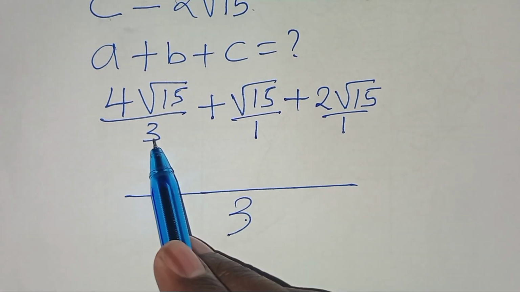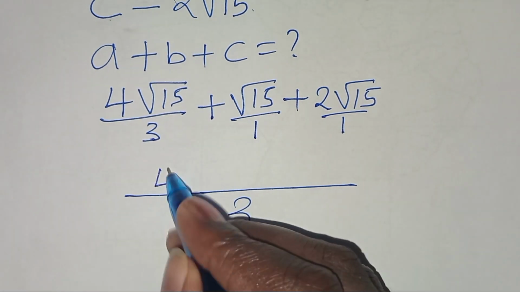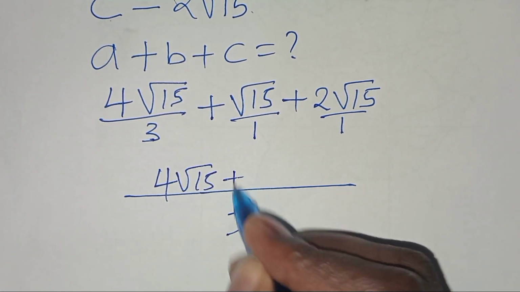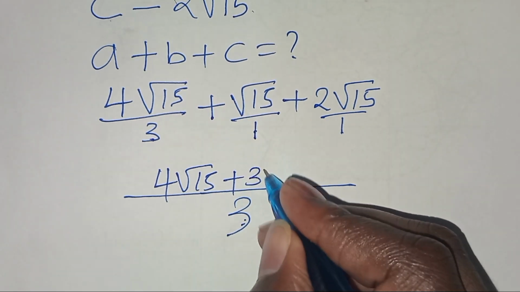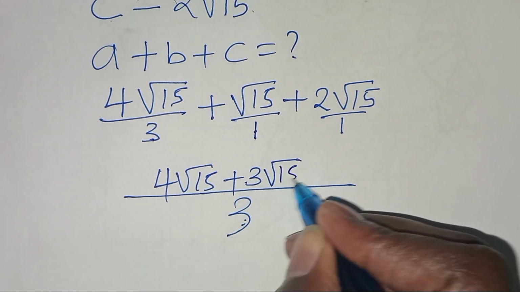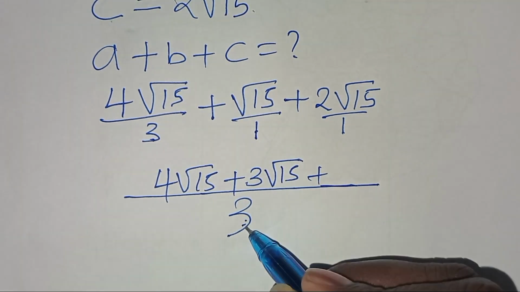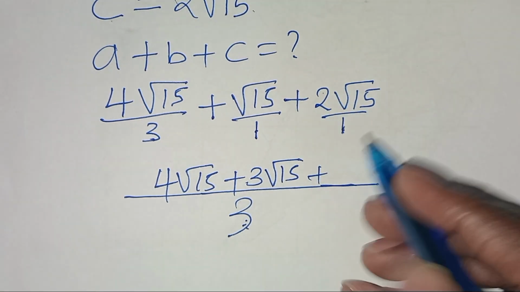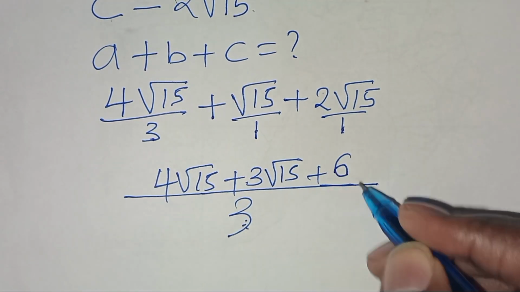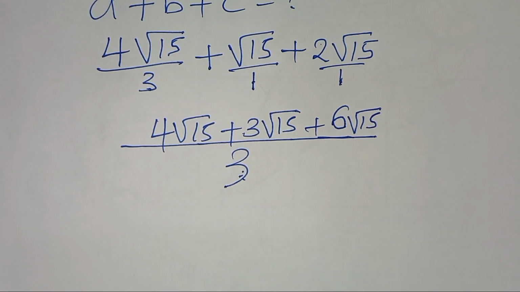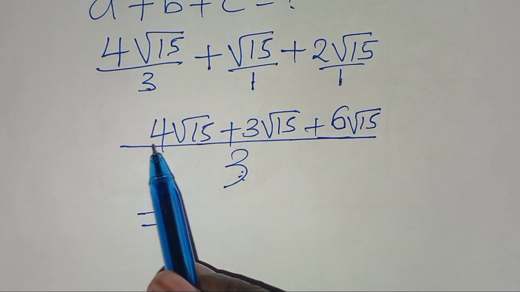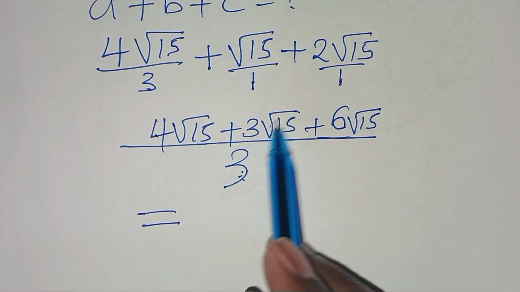So 3 divided by 3, 1 times 4, this is actually 4 square root of 15, plus 3 divided by 1, that is 3 times square root of 15, so it will be 3 square root of 15, plus 3 divided by 1, that's 3 times 2, so it's 6 square root of 15. So here, square root of 15 is common.